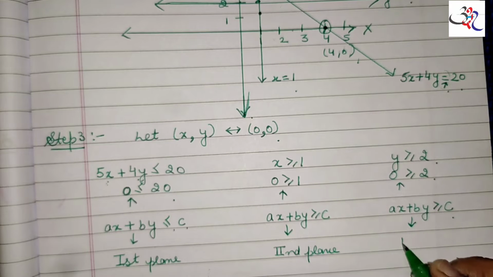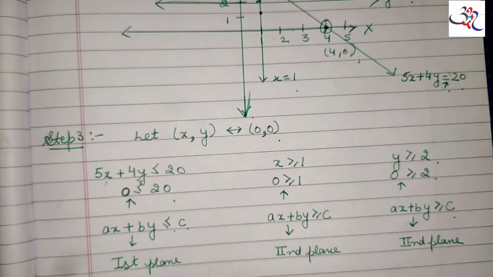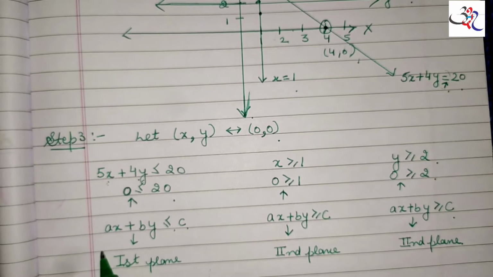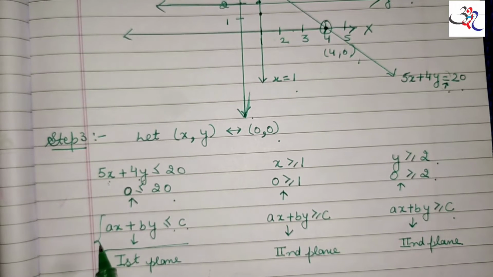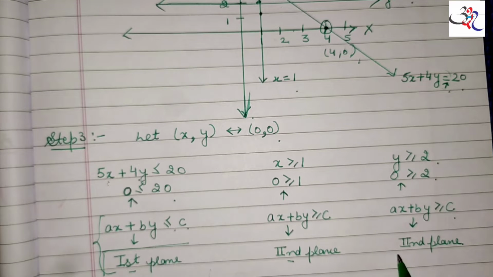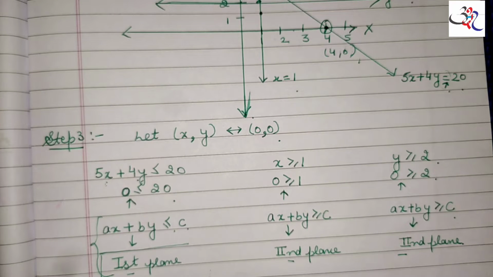So also for this, my solution lies in the second plane. Please see my very first video of exercise 6.3 to understand deeply how I found this value, what the first plane and second plane are, and how to find the second plane.